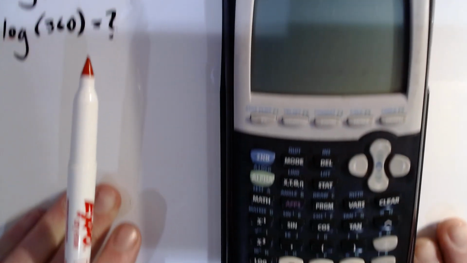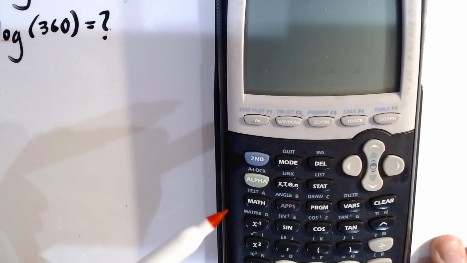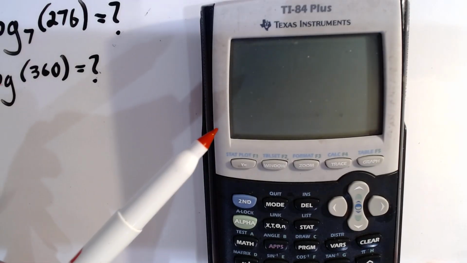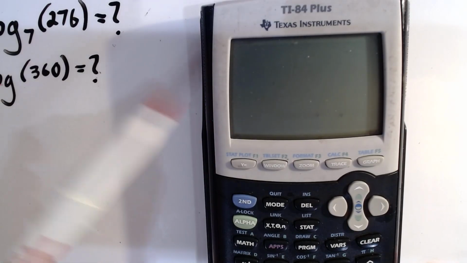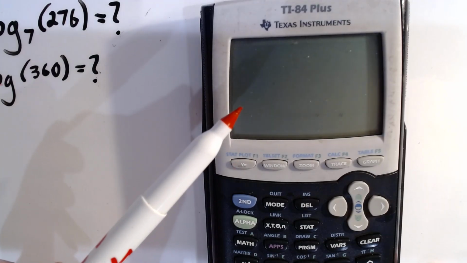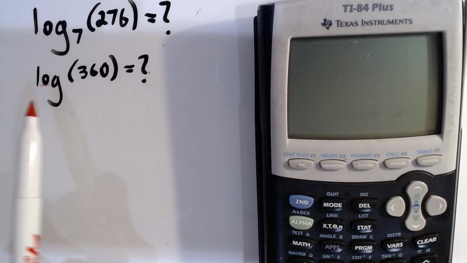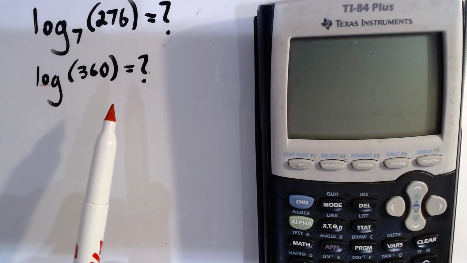Or if we go a little deeper into the settings and use a different function, where we say, okay, we don't want to assume a base of 10, we want to assume a different number, we'll go in and select that option. But for now, let's work with this one.